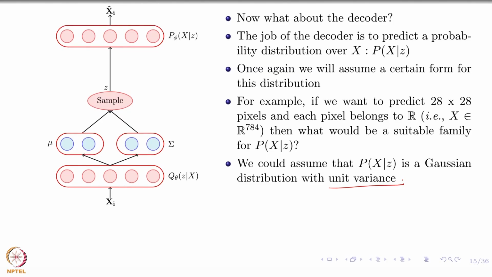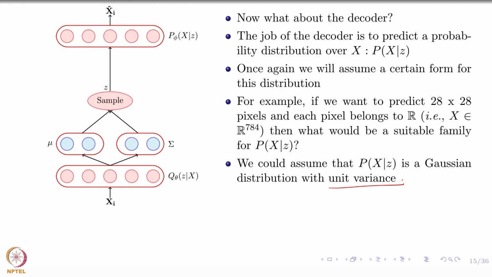Given what is the distribution that we are talking about? X given z. So this is the same as saying that given the latent variables, we are assuming that the visible variables are independent of each other. So this is very similar to the assumption that we had made in RBMs, but a different way of arriving at the same assumption, right? Do you get that? Please make that connection. Everyone is fine with that?